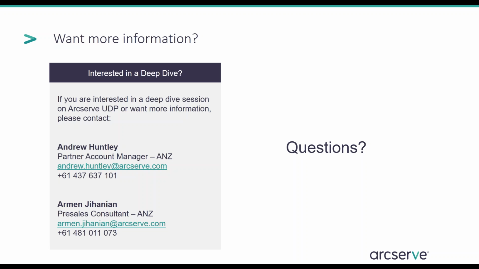On top of that, since Arcserve UDP first launched a few years ago, we've actually supported the REFS file system. So we definitely support that with Arcserve UDP for Exchange and REFS in general.